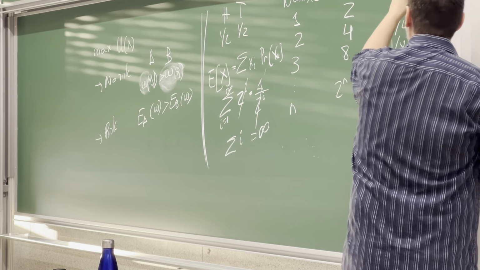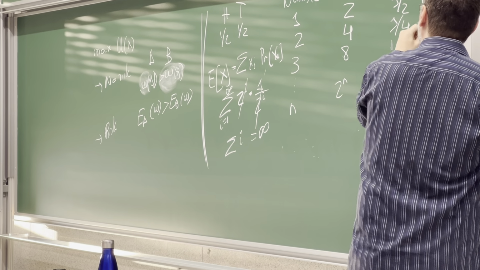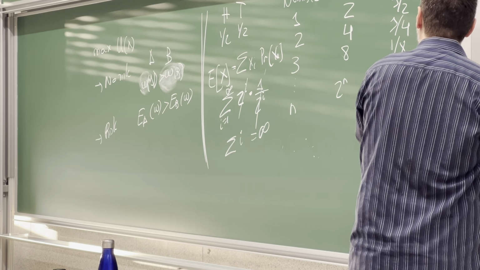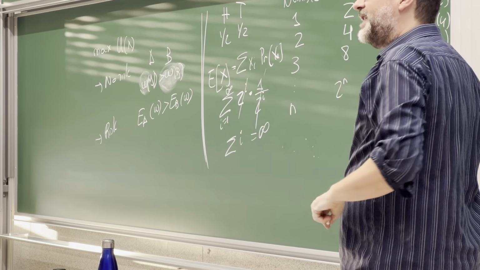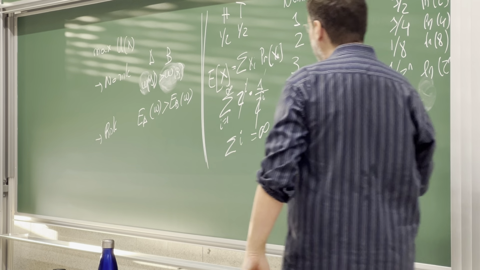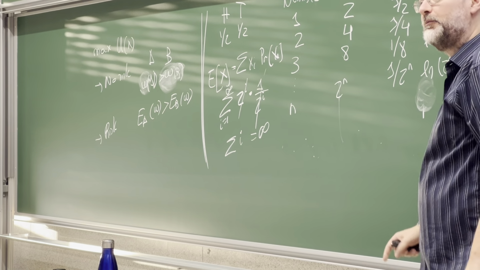So you will have the natural logarithm of 2, the natural logarithm of 4, the natural logarithm of 8, and the natural logarithm of 2 to the power of n. And this is the new random variable that is important for you. So it's not the expectation of the price, but the expectation of utility that matters.